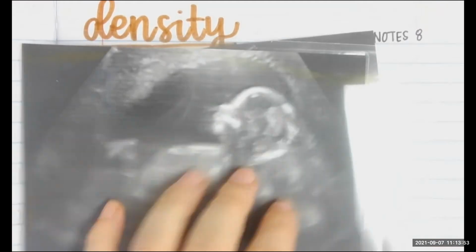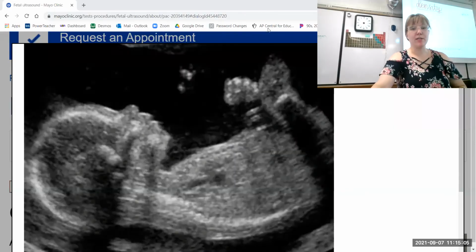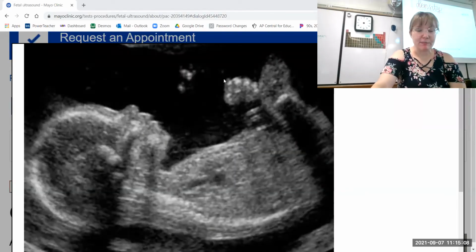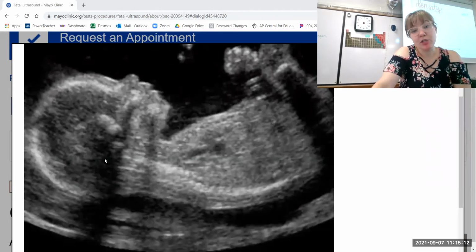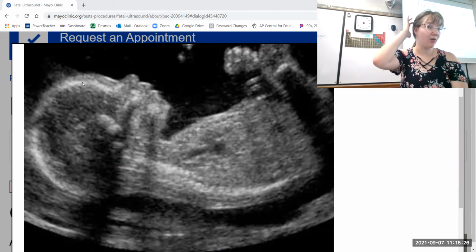Let me just get rid of the shiny here. Okay, so this isn't my baby. I just found a thing online, but you can see that there's dark sections and then there's really light sections. The whiter the section is, the denser it is. You can see around the outside, the skull.